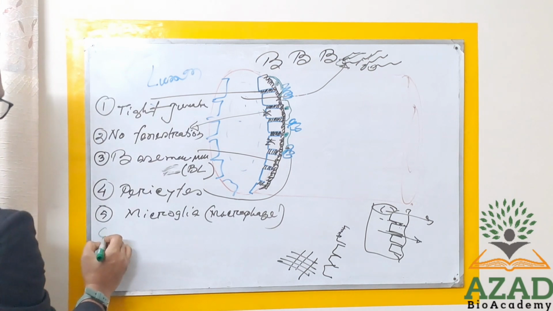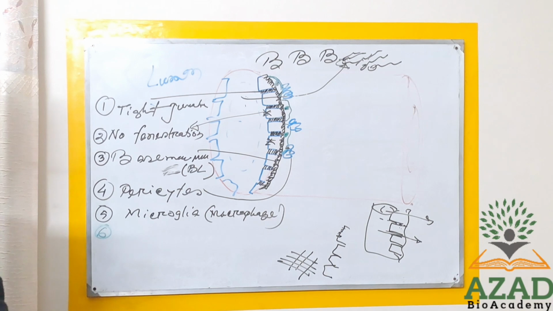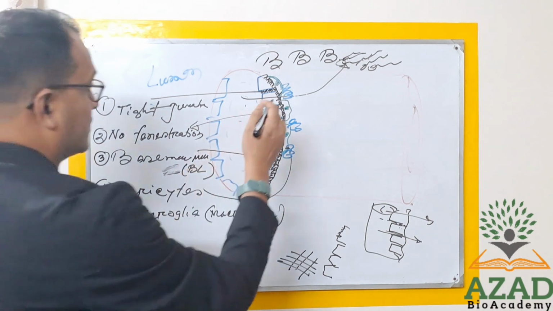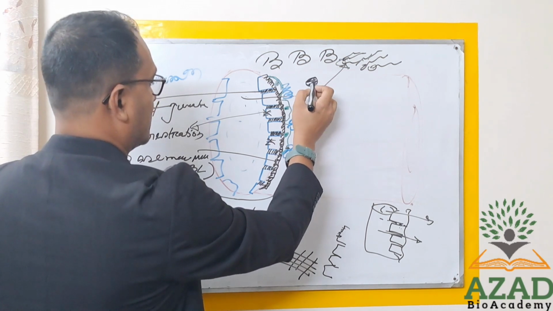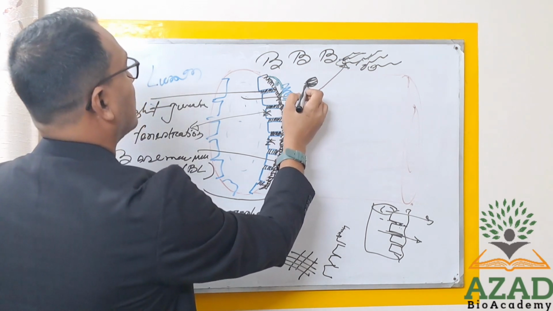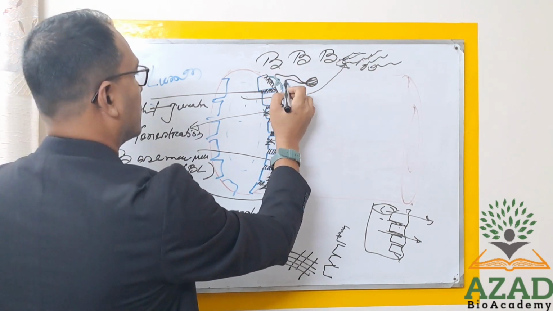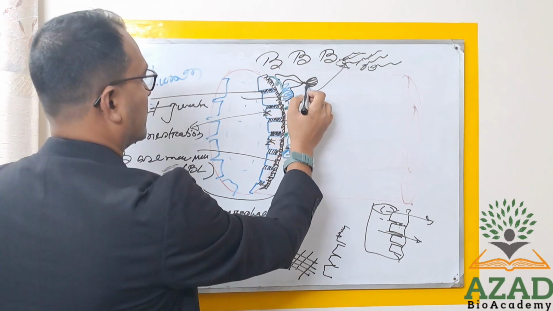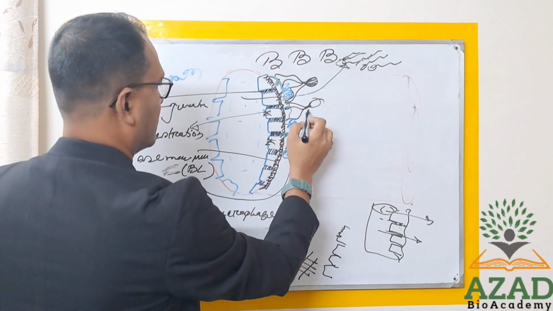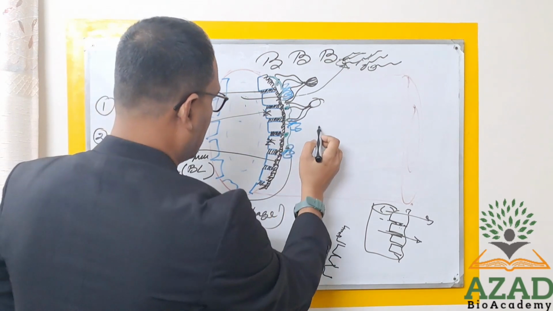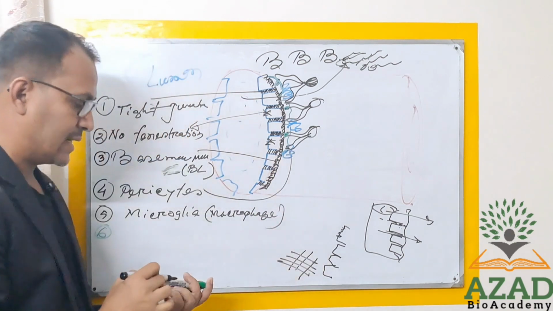And the sixth one is another special type of cell that has something like feet, like that. These are called astrocytes.